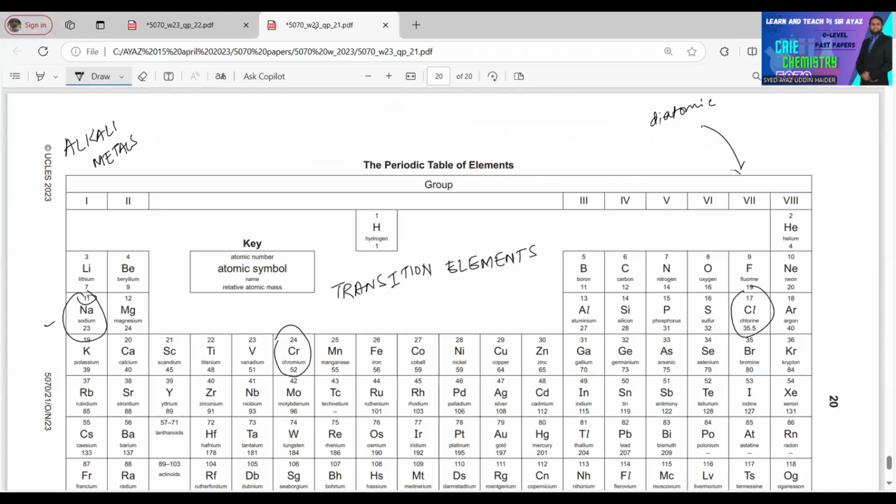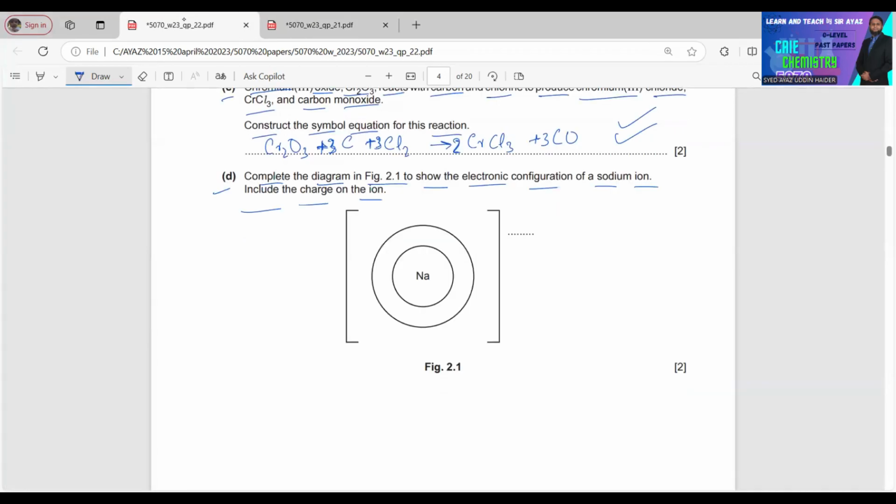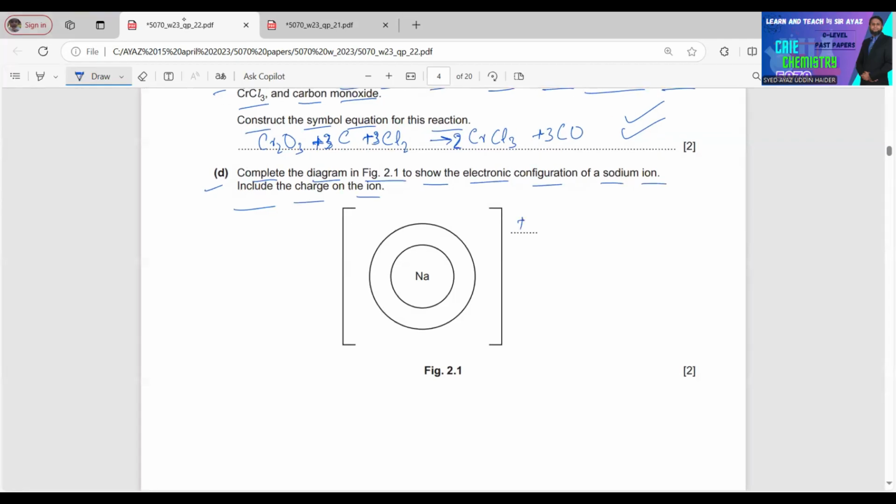After losing 1 electron, it will be left with 10 electrons. First of all, I'm going to place the charge on the ion. It must be carrying a plus charge because it has lost 1 electron. You can write plus or +1 or 1 plus. All these are correct.